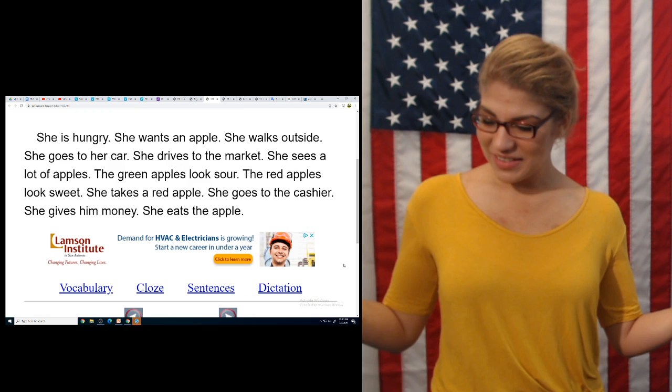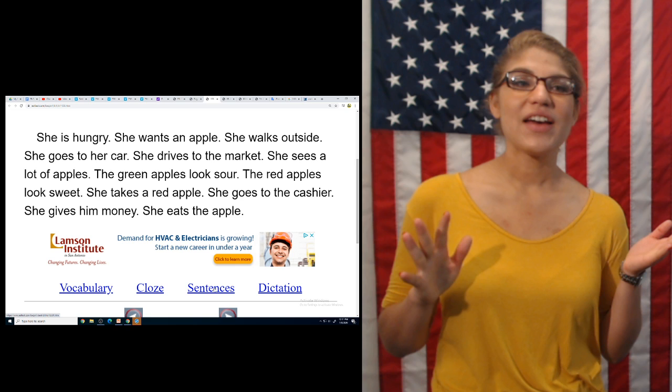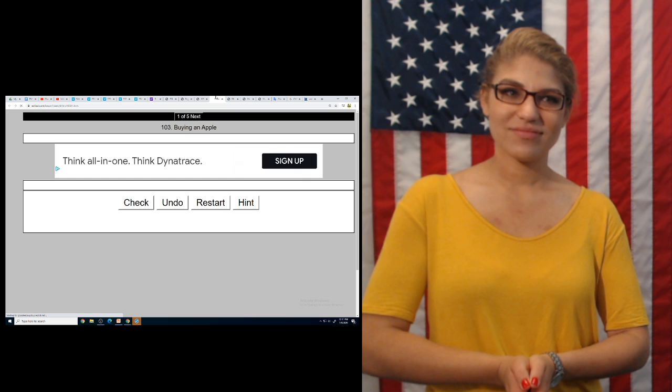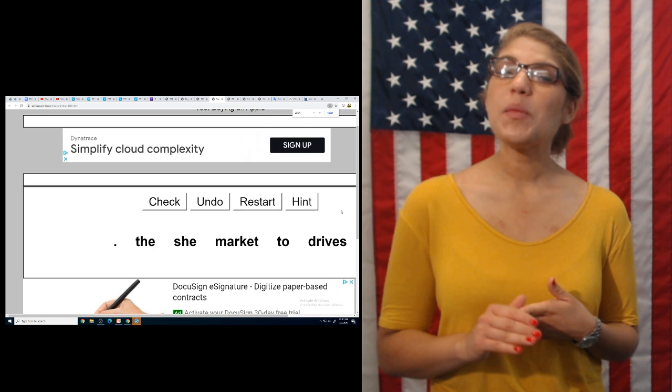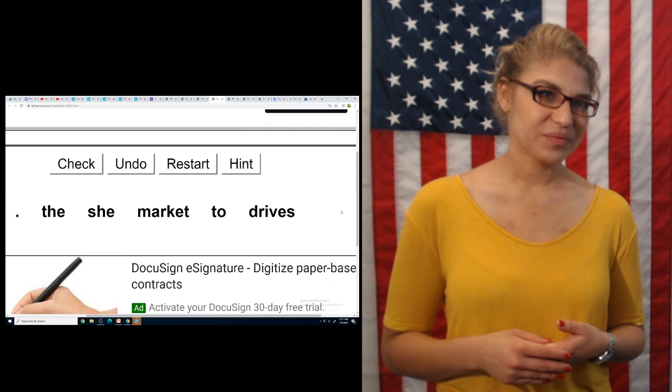Very nice. Now let's go to a quiz to practice our sentence structure. In this exercise, we will put each of the words in the correct order.